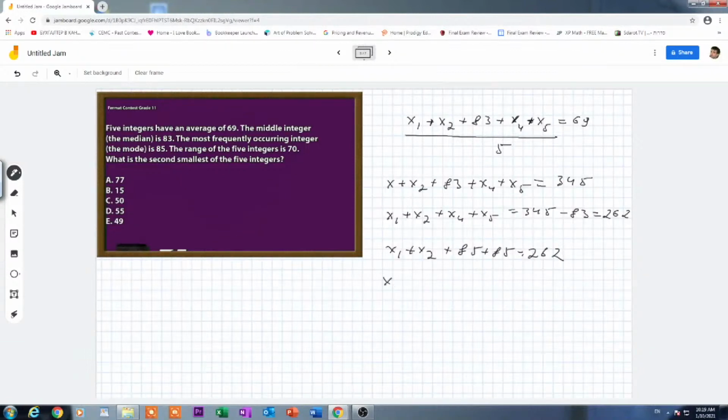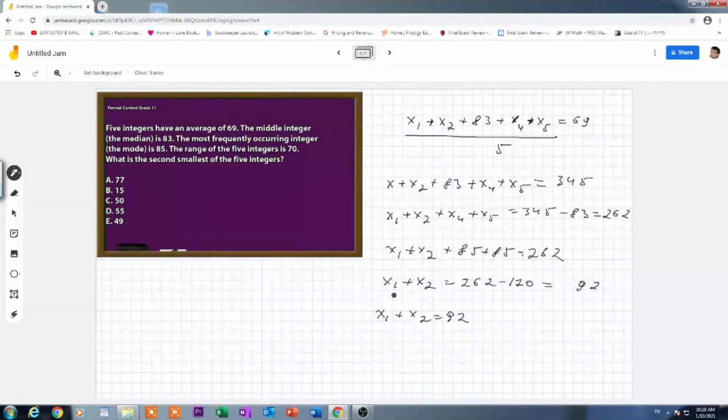Then x1 plus x2 equals 262 minus 170, and it's equal to 92, right? So x1 plus x2 equals 92, right?